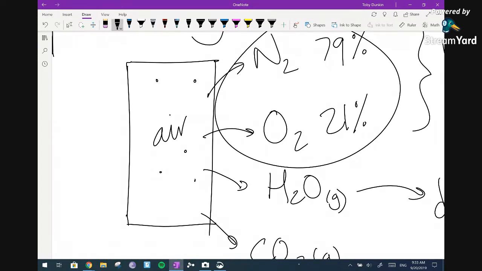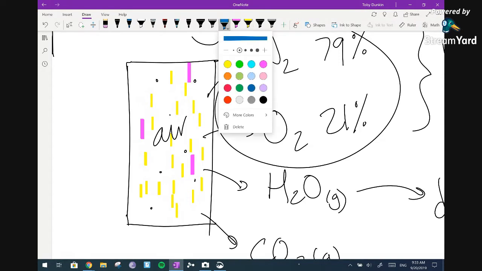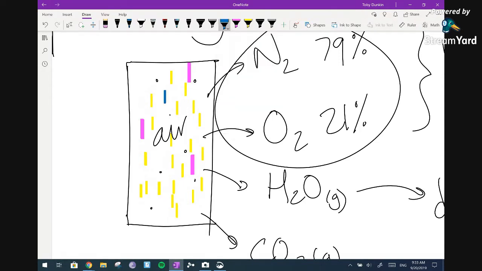If you imagine the jar being full of particles, here's the nitrogen, the nitrogens are all yellow. Here are the oxygens. Here's the carbon dioxide. So we removed the nitrogen and oxygen by reacting them together. We removed the carbon dioxide and the water vapor.